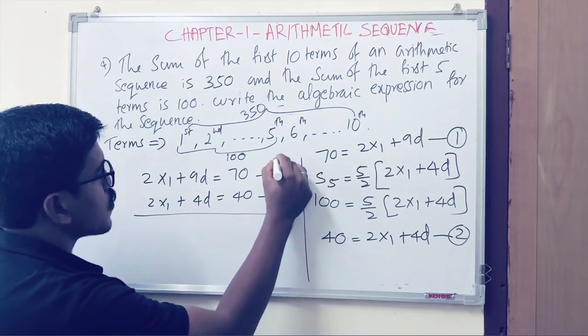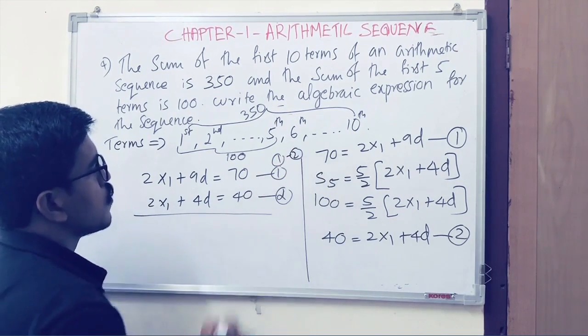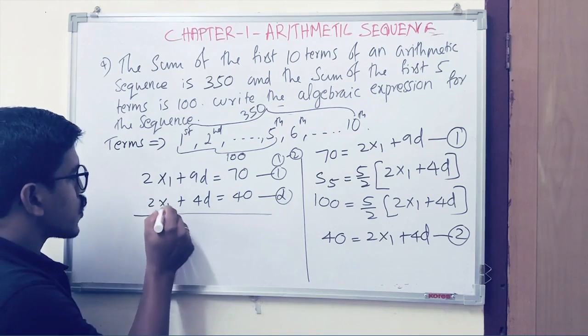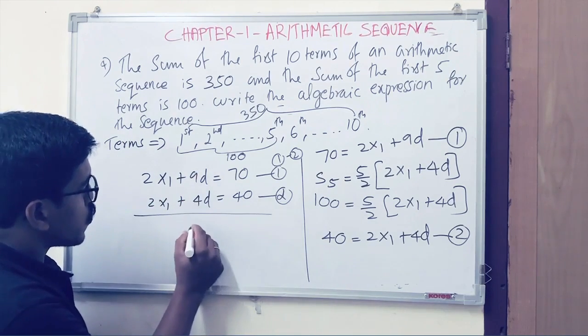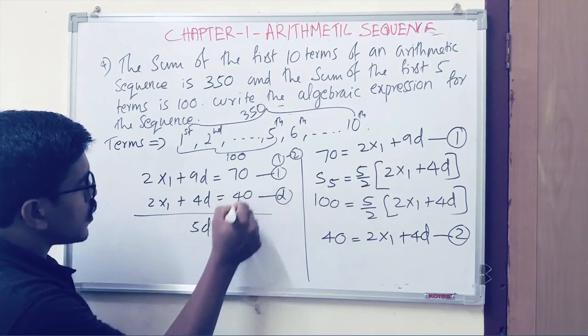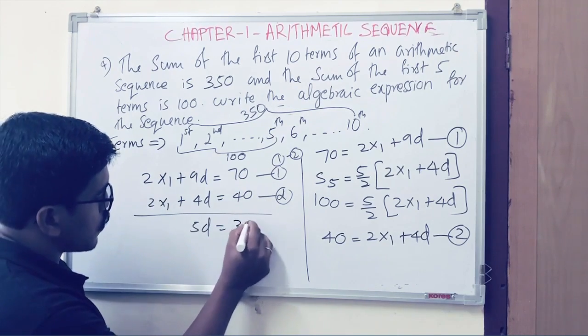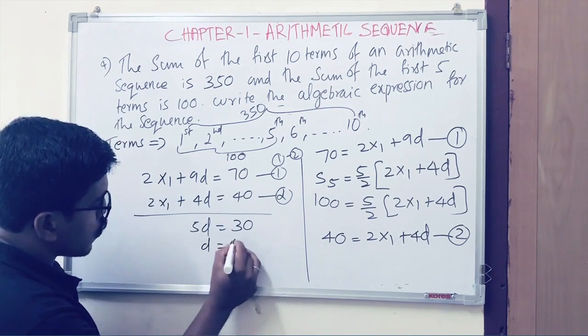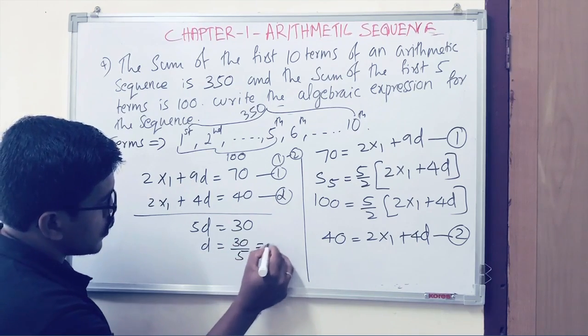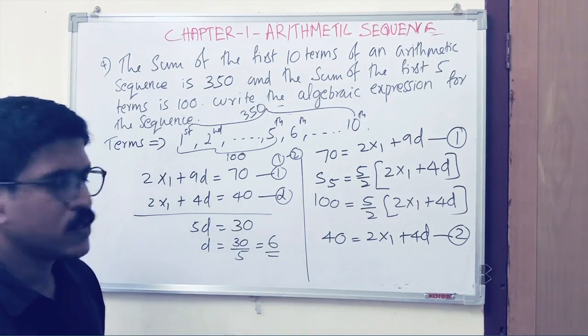Subtracting 1 minus 2, the 2x1 cancels. 9 minus 4 gives 5d, and 70 minus 40 is 30. So d equals 30 by 5, which is 6. We got the common difference.